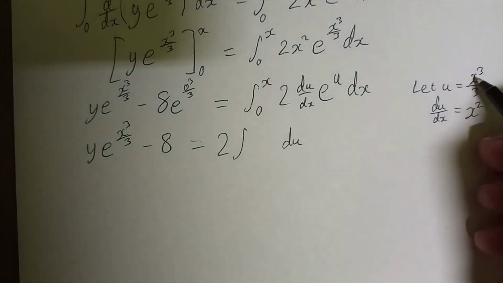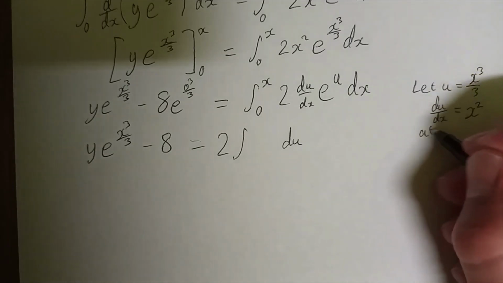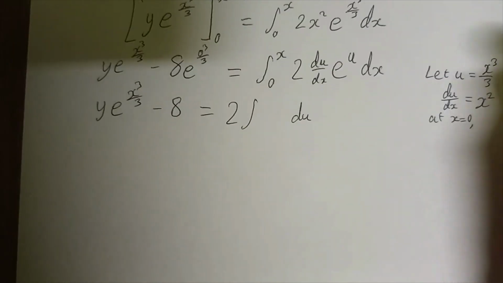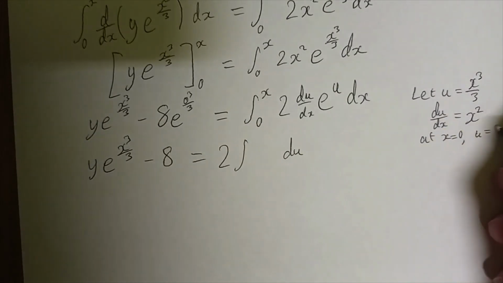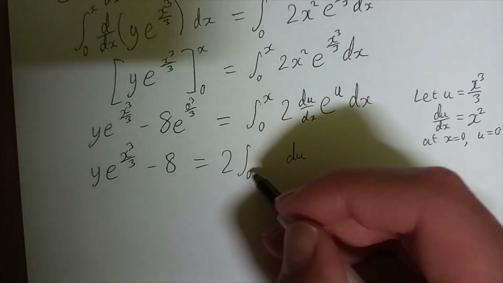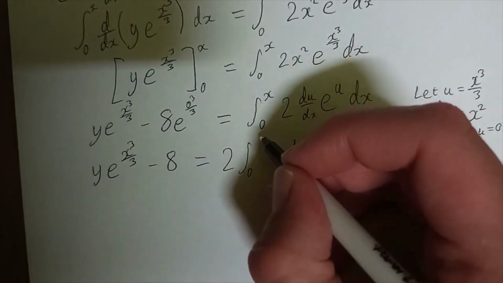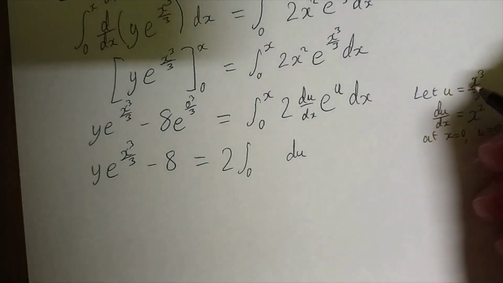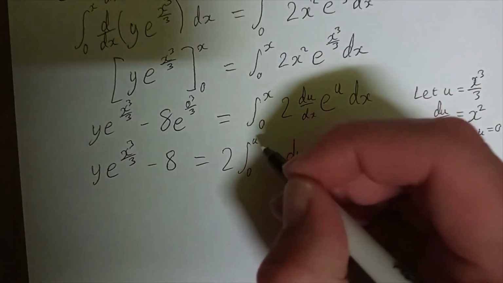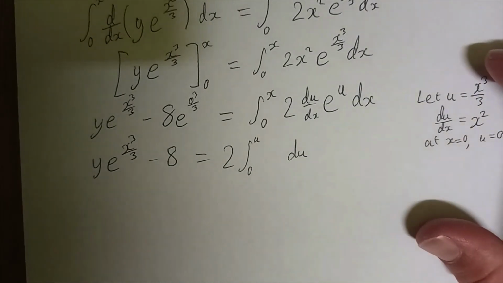Well, if we substitute 0 in for x, we'll just get u equals 0. So x equals 0, u equals 0, and when x is x, u is whatever value u is, for that value of x.